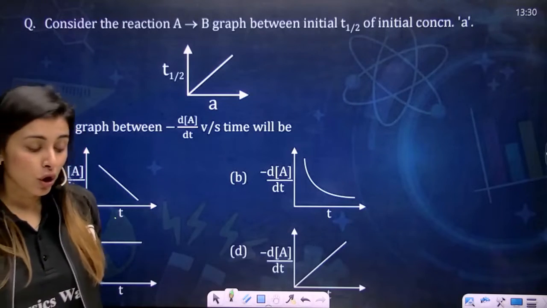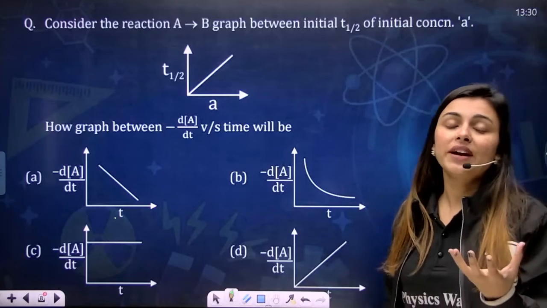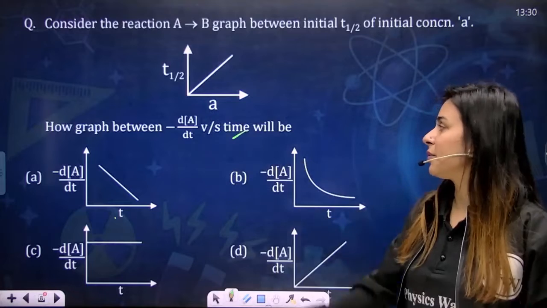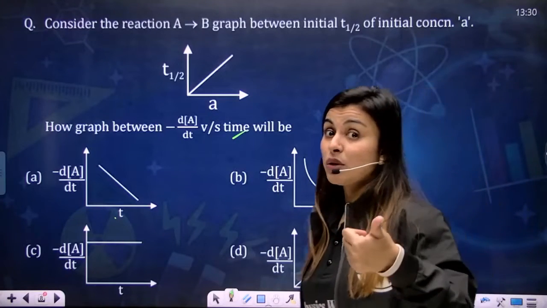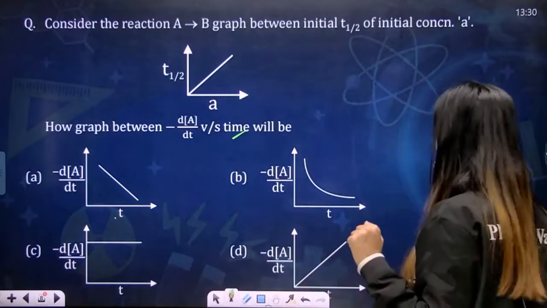Okay, so first check this graph. Seeing the graph, you have to find out which order of the reaction it is talking about, and then using that information, you will find out the graph between these two. This is actually a very good question, and this type of question is generally asked. So how are we going to do this?